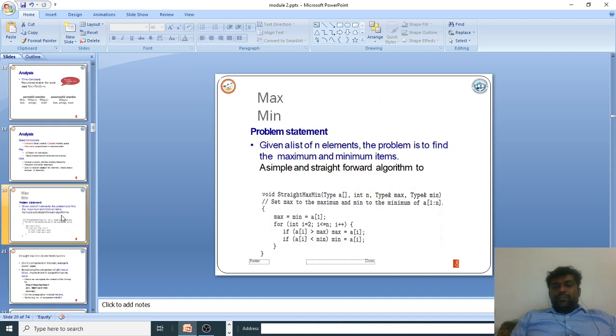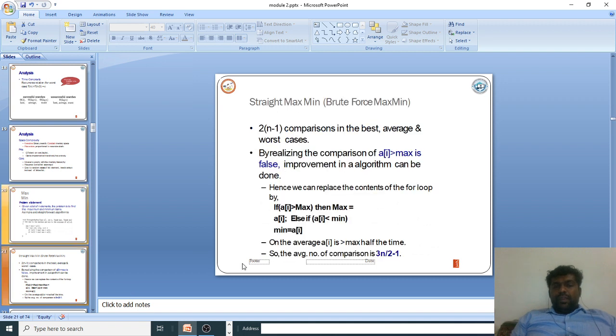So here, you are just comparing. Now, by realizing the comparison is false, an improvement of the algorithm can be done. Hence, we can replace the content of the for loop with this type of statement: if A of i is greater than max, then maximum will be A of i; else if A of i is less than min, minimum will be A of i.